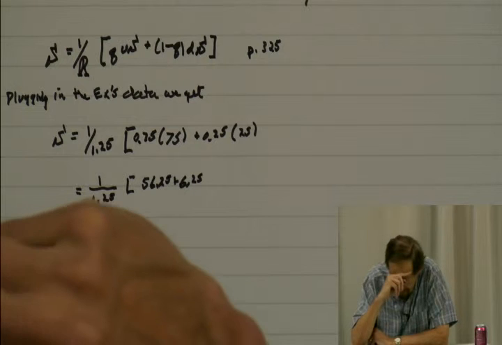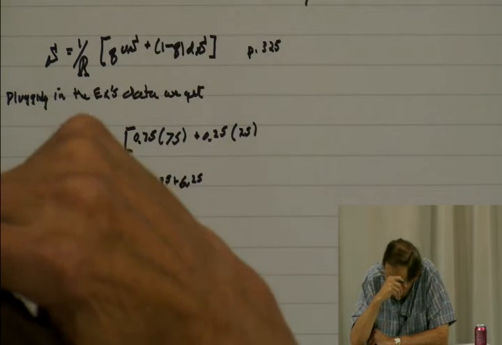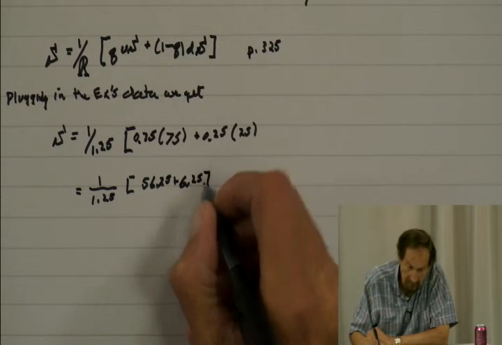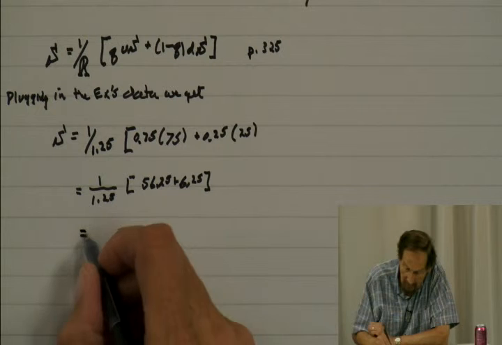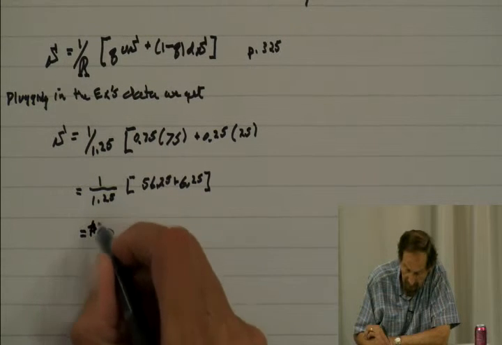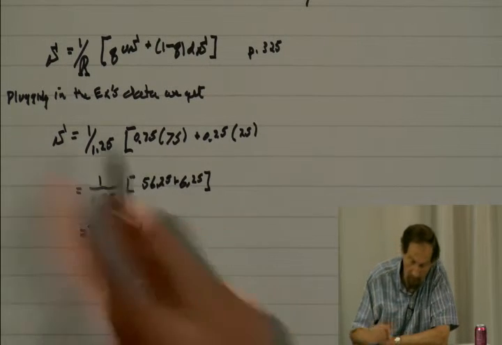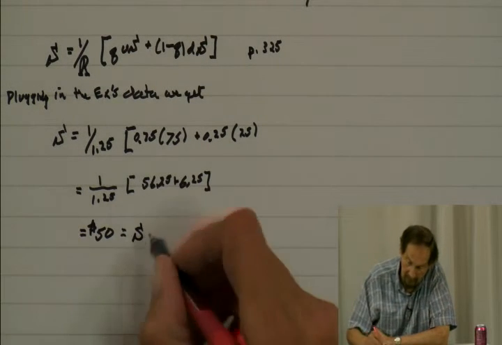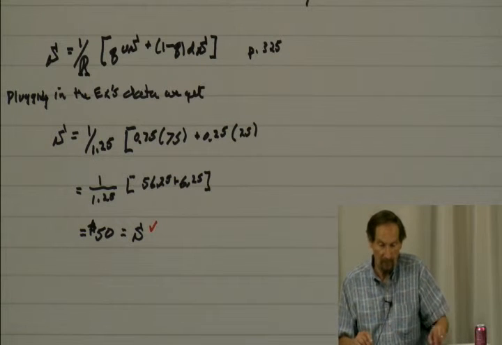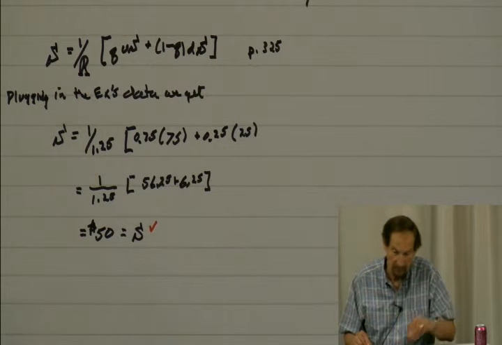So what is that? That is 62.5. And so in fact, that equals $50, which does equal our initial stock price. So it checks out. And it's not surprising that it checks out here.